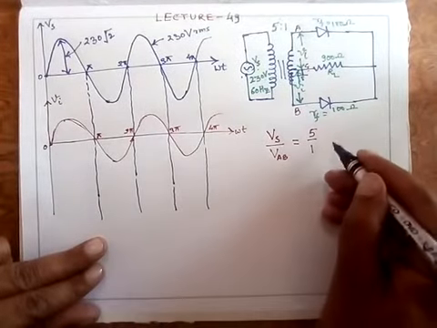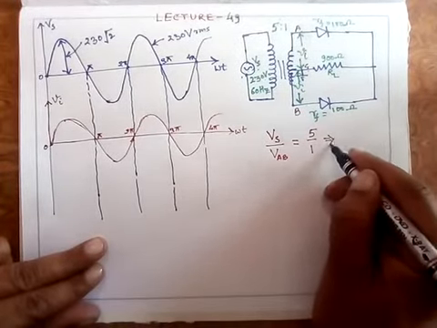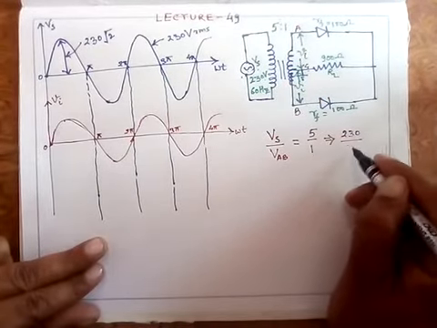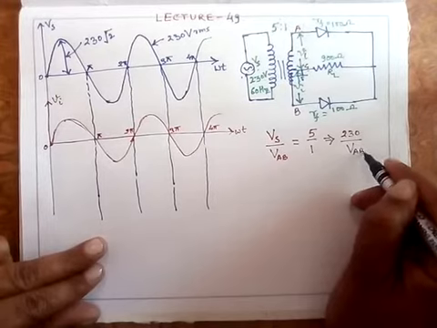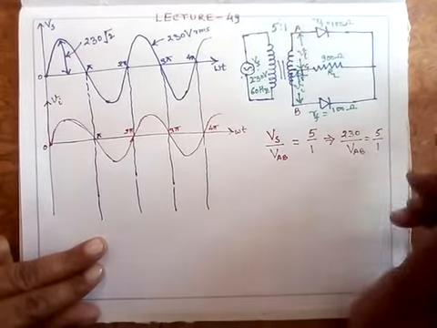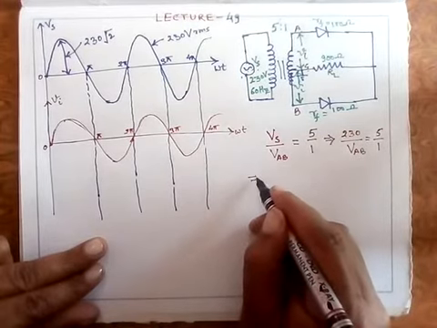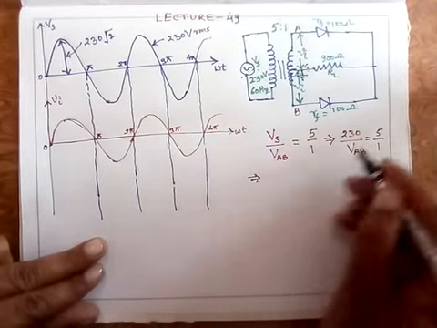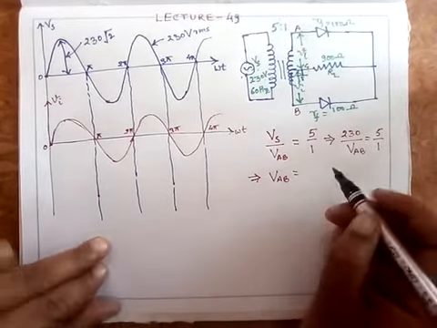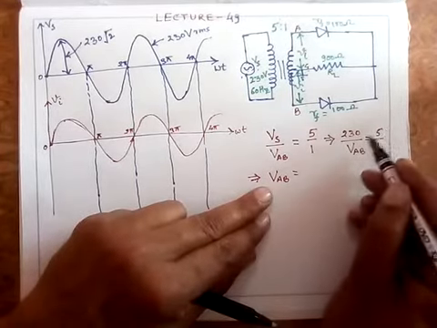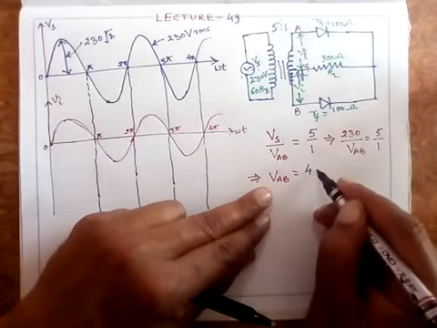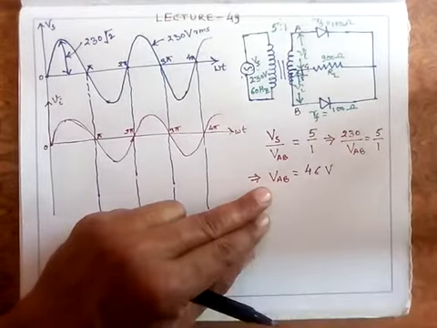Of course, the value of Vs is given to me. Value of Vs is 230. So 230 upon VAB is equal to 5 upon 1. From here I'll get the value of VAB: 230 divided by 5, which is 46 volt.